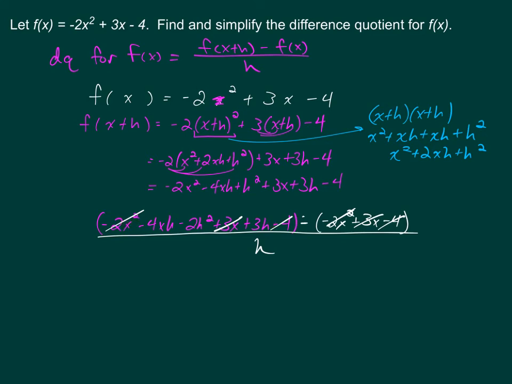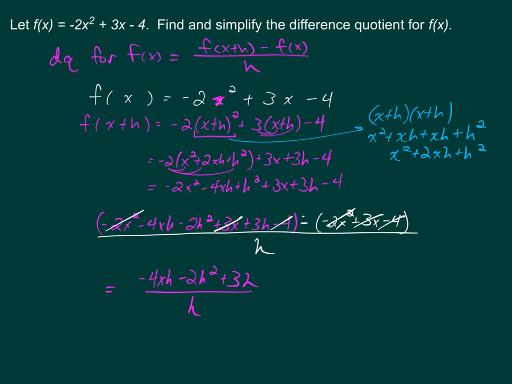So that will be negative 4xh minus 2h squared plus 3h all over h. So this entire fraction nicely reduced to this fraction here.